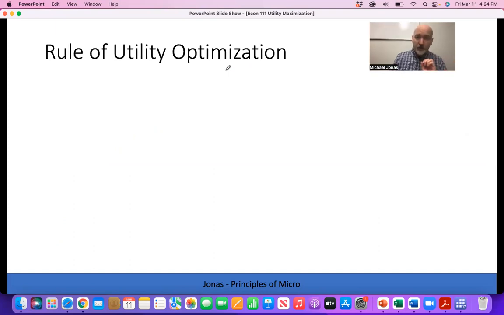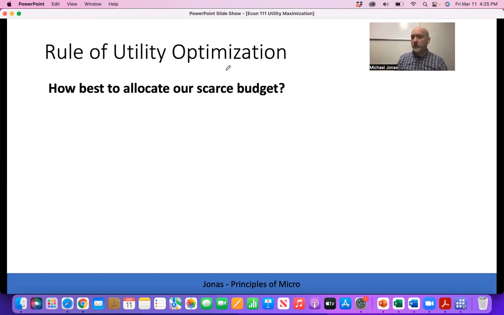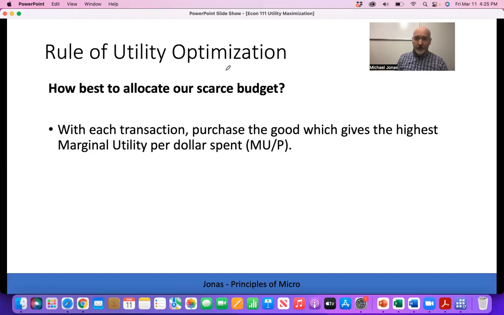So now that we have all this information, let's put it all together. There's a very simple, quote unquote, rule of utility maximization or optimization that we can imagine our example consumer following to answer that consumer's problem question. How best can we allocate my scarce resources, my budget? And it comes down to that marginal value once again.